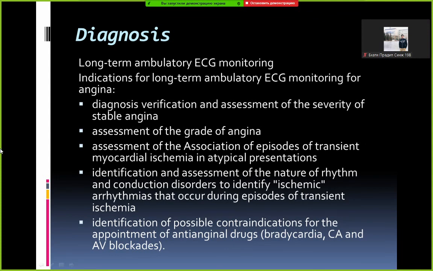The next method, long-term ambulatory ECG monitoring.